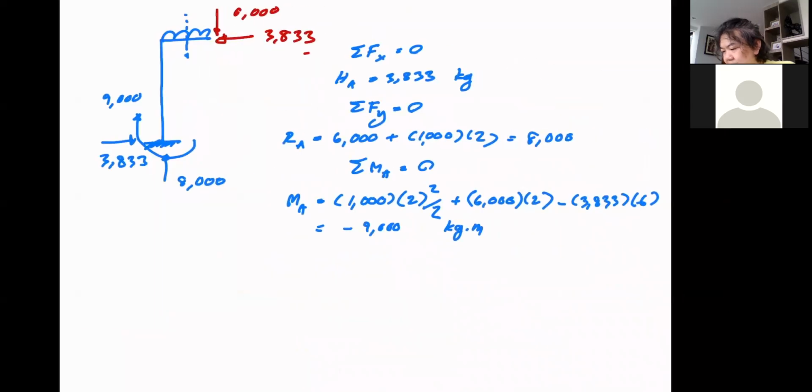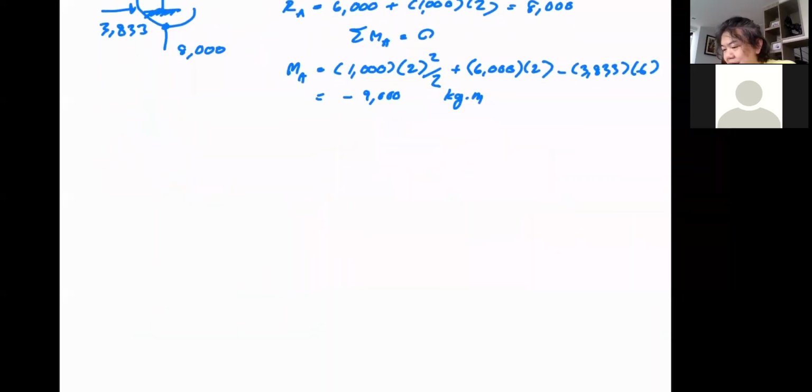But let's do it anyway, so get it out of the way first. CD, it's a simple structure with the hinge at both ends. And you have the, let's change the color for fun.